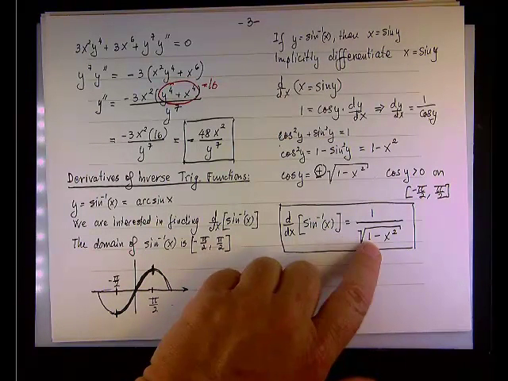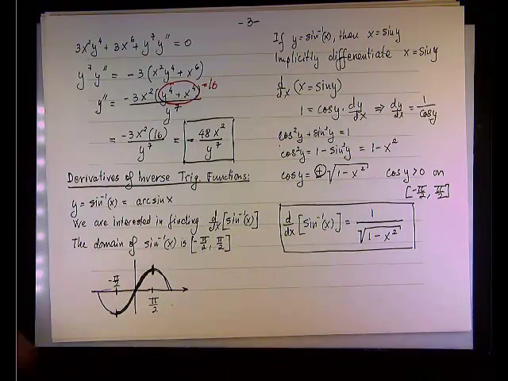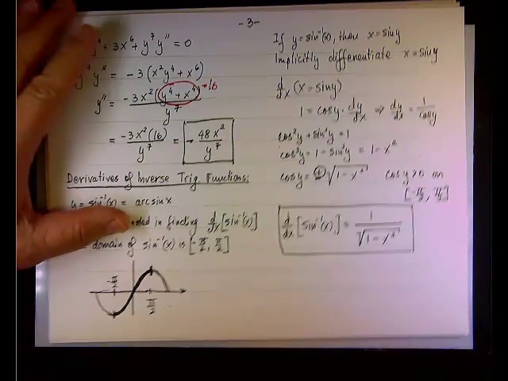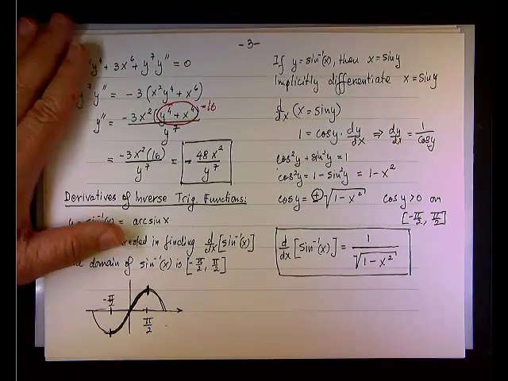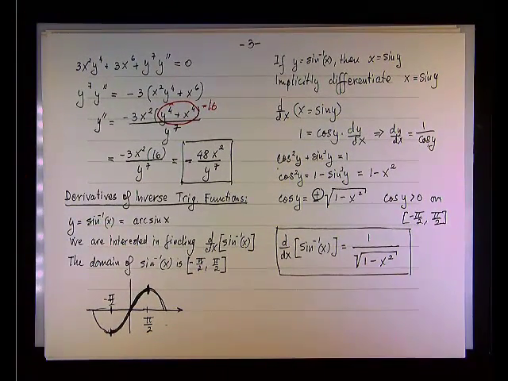Again, it means that every time you see 1 over the square root of 1 minus x squared, you can replace it with the derivative of the inverse sine. When you do integration, this will become a very important property.